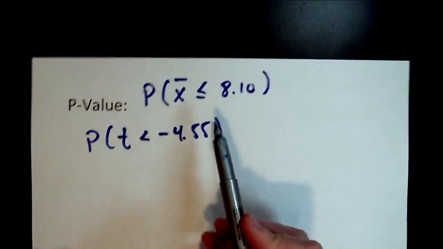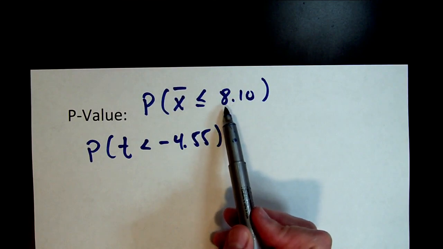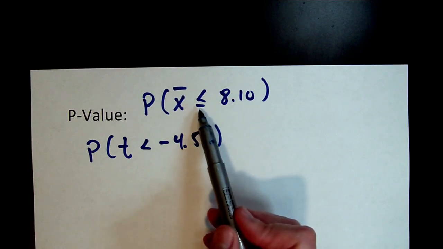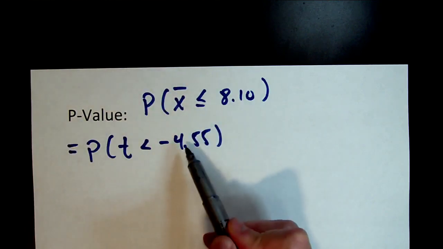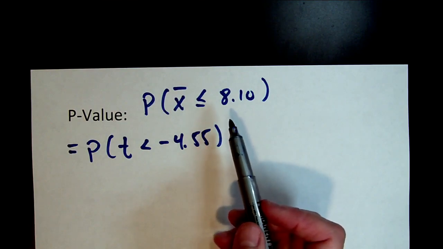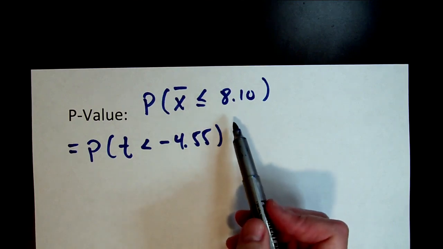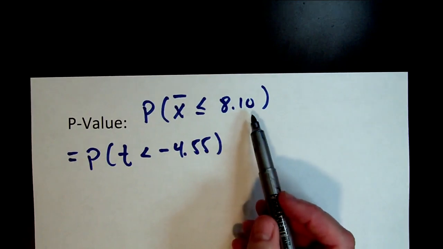So what's the probability that you get a sample mean of 8.10 or even more extremely less than the normal population mean, the normal hippocampal region size, I guess is what I'm trying to say, and that was 9.02. So this is less than that.